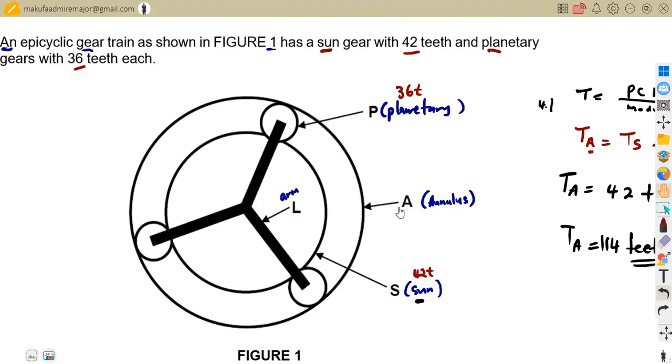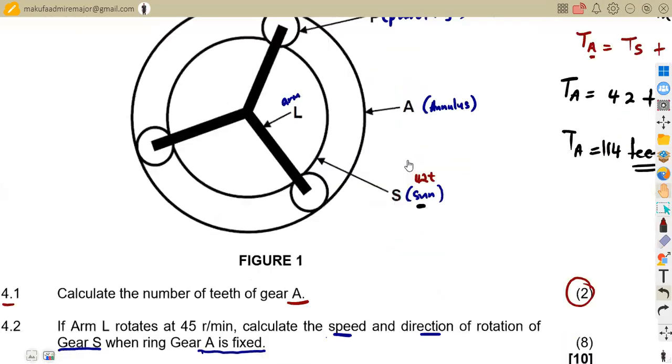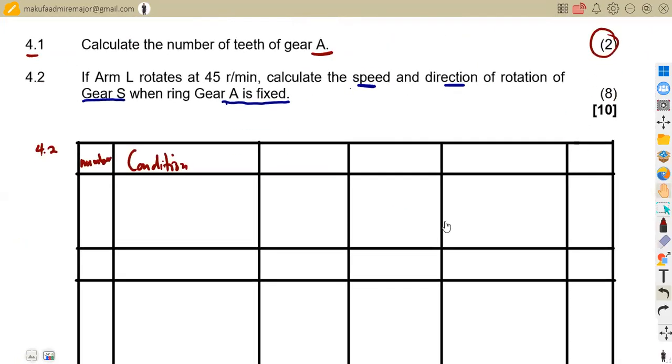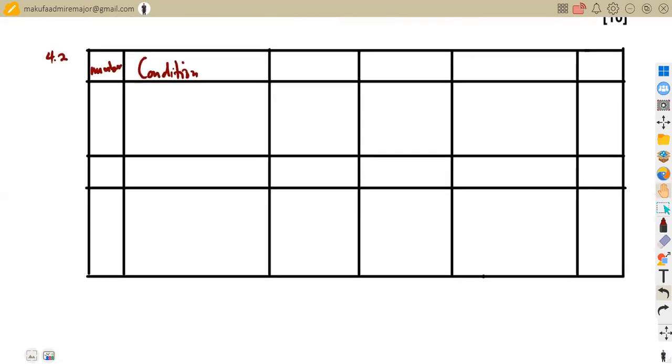I'm just going to take from the outer part, the annulus, to the planetary, the sun gear to the arm. All right. So these are the only parts that we have on your epicyclic. So we said we have got the annulus, which is our gear A. Then we've got the planetary, which is our gear P. And also we have got the sun gear.